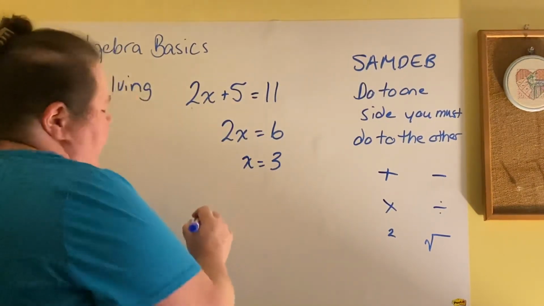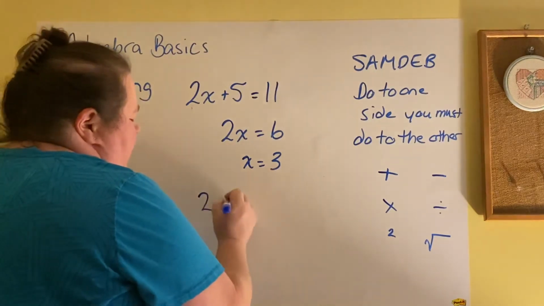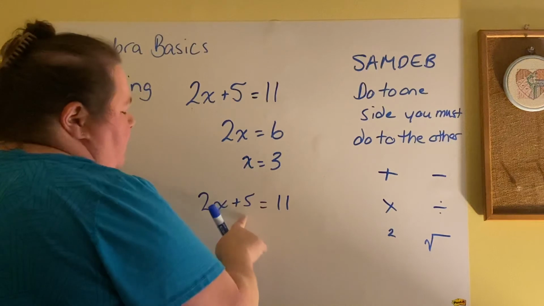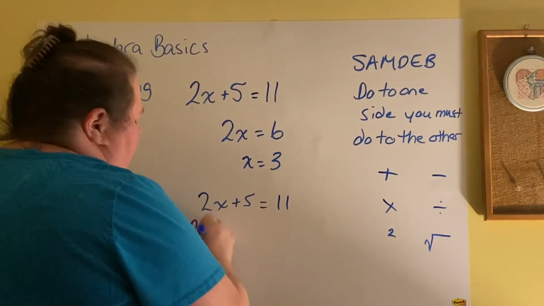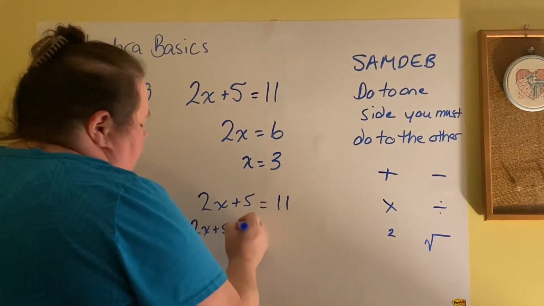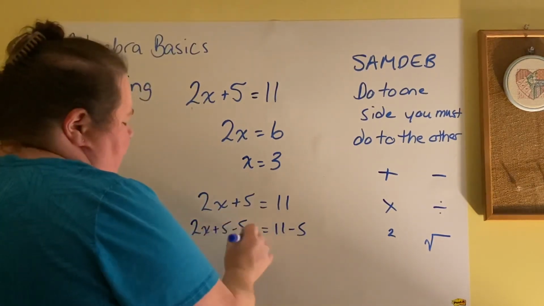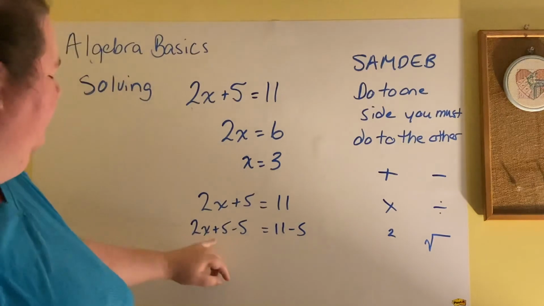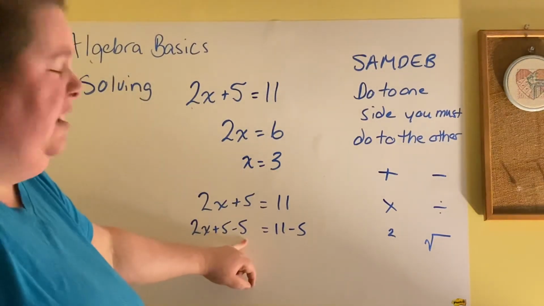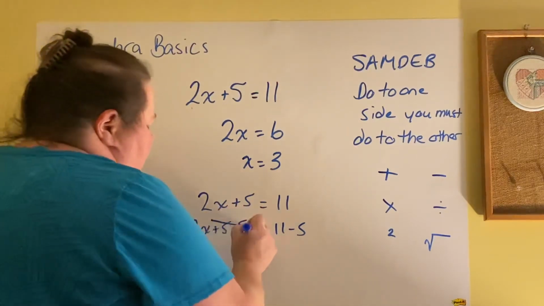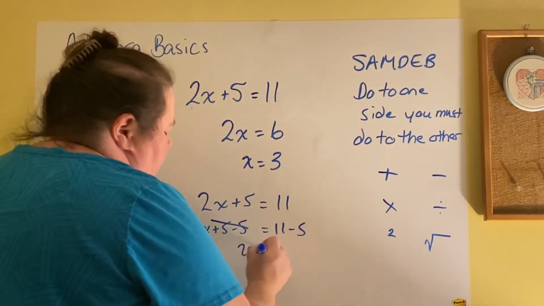Now if I was doing that out without the cover-up method, I'd be looking at the SAMDEB. I've got to deal with that adding first. So I'm going to subtract 5 from both sides. These cancel out because, again, 5 subtract 5 is going to be 0. And I don't need to bother writing plus 0 on the end. So these actually go away.